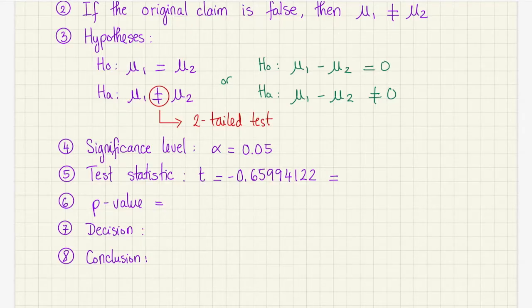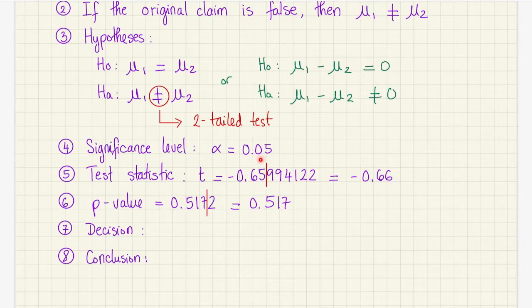I will round the t-score to 2 decimal places, which is negative 0.66. And my p-value is 0.5172. I round it to 3 significant figures. Again, if there are instructions on how to round, please follow the instructions.